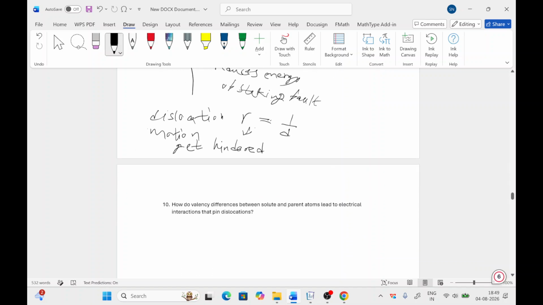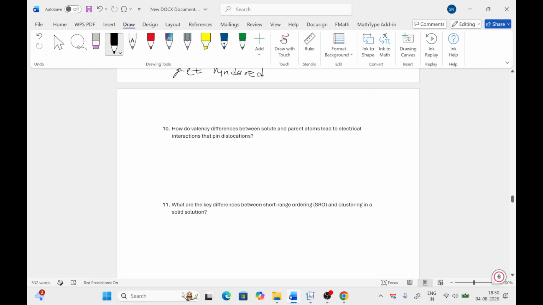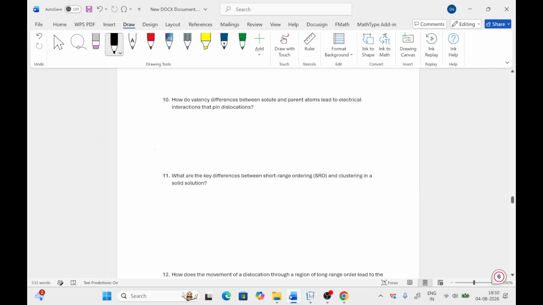Next question is, how do valency differences between solute and parent atoms lead to electrical interaction that pin dislocations? If we have two atoms A and B, the valency difference will impact the attraction and repulsion forces between two different atoms.